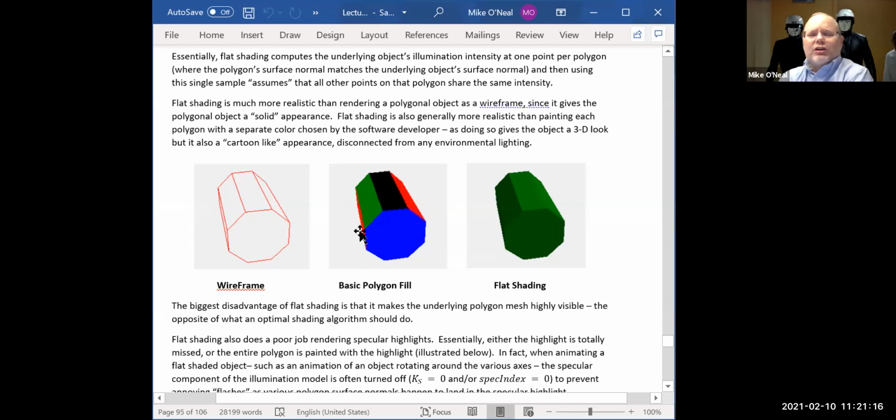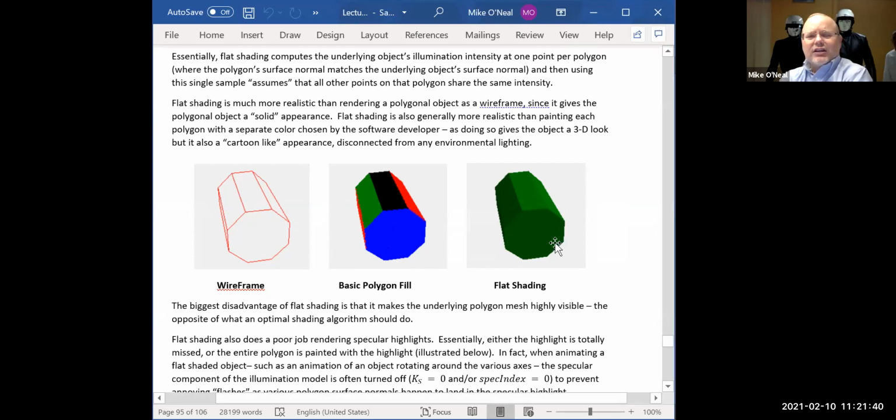If you choose your colors and just fill it like we did in the assignment that you guys did last week, it looks 3D, but it looks cartoonish because it's not locked into the environment in any way. It doesn't react to the light at all. It's just like you're coloring it in a cartoon, right?